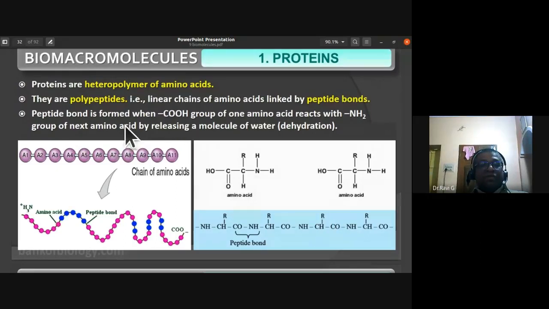See, this H2O is lost and there is a bond formed between these two amino acids which we call a peptide bond. That is how the polypeptides are formed.